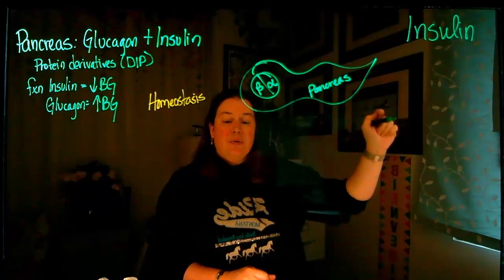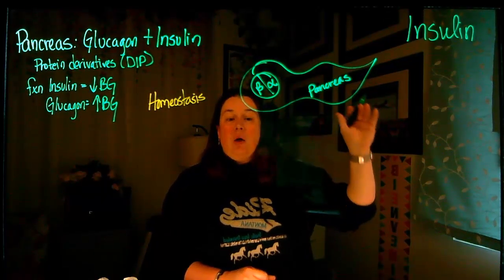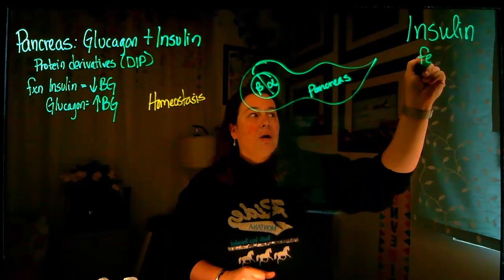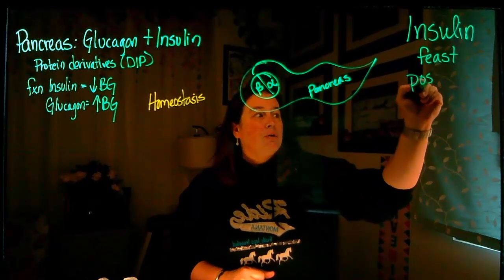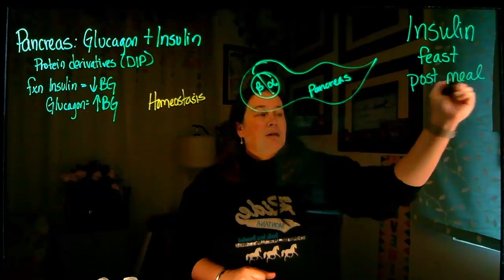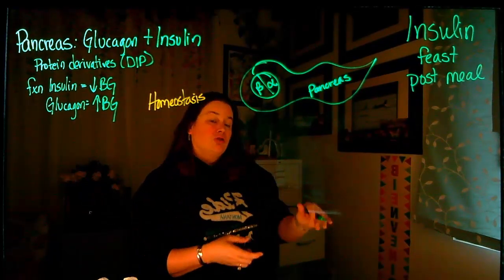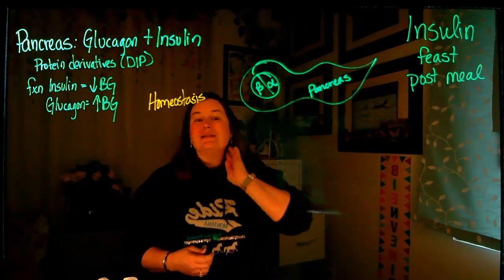So we put insulin up in the corner, and the reason that insulin is secreted is to help bring blood glucose levels back down. So this is going to be the hormone that is released just after a feast. This is our post-meal hormone to take all of that energy that we just brought into the human body and store it for all of the much more likely situations in which energy is depleted.